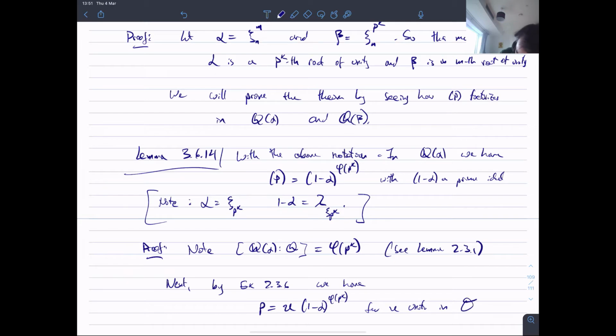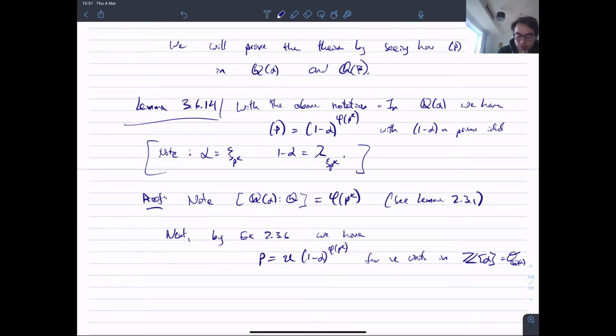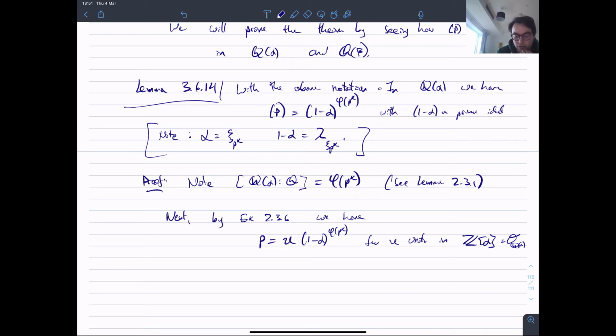And I guess in this ring of integers, O_{Q(alpha)}, oh, we actually know what this is, right? We know that this ring is Z[alpha], although I only proved this in one case, but I gave you the theorem in general. I told you that for cyclotomic fields, the rings of integers were always like Z[alpha], where alpha was this obvious root. But anyway, we know that p looks like this with u a unit.